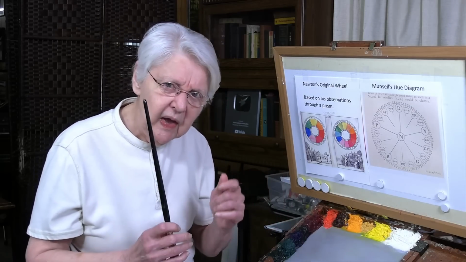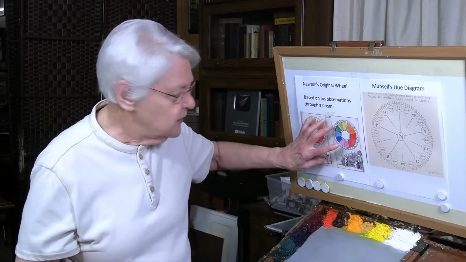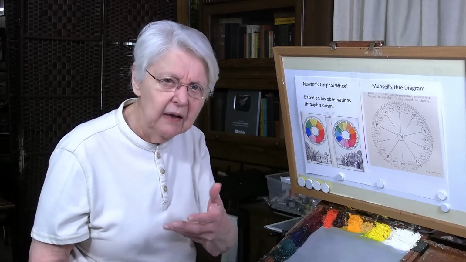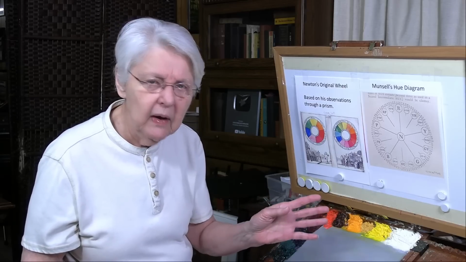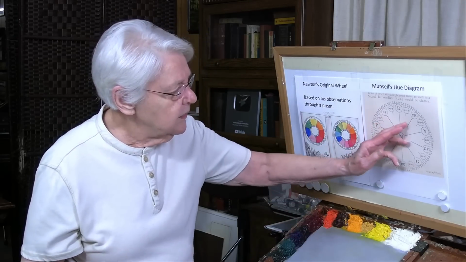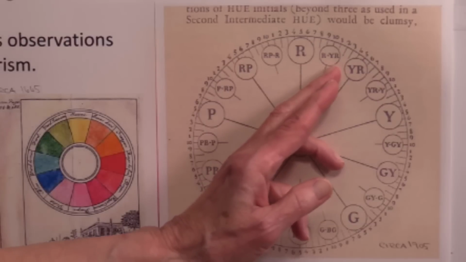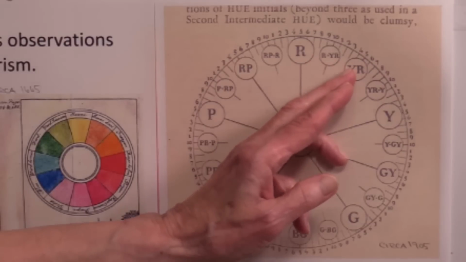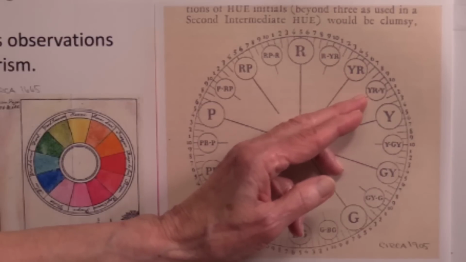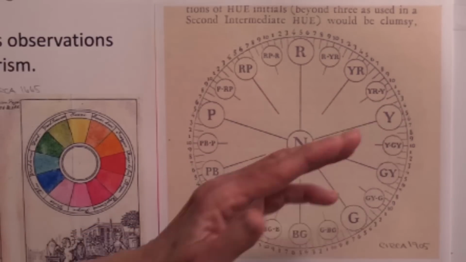Then one thing that he did that doesn't happen on either Newton or the traditional wheel, he left out the color orange. I don't know whether he left it out so it would fit. He calls the orange, here it's red, yellow, red, and then it becomes yellow, red, and so on. So those are his degrees.